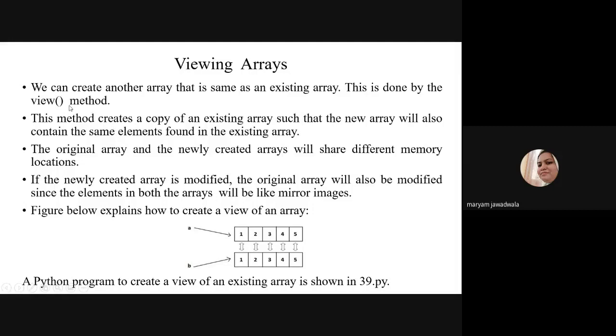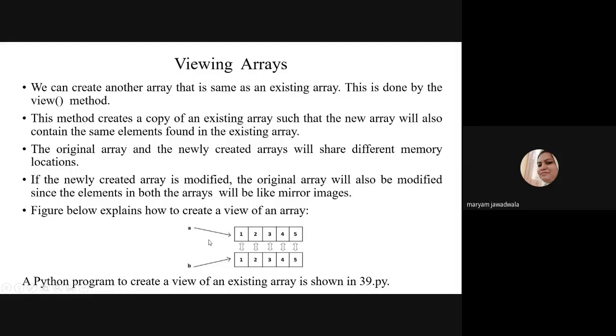What does view do? The view method creates a copy of an existing array such that the new array will also contain the same elements found in the existing array, and the original array and the newly created array will share a different memory location.